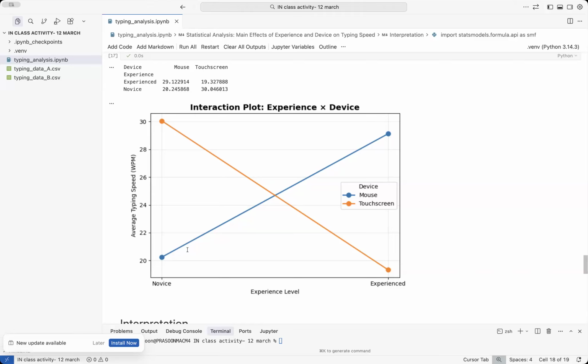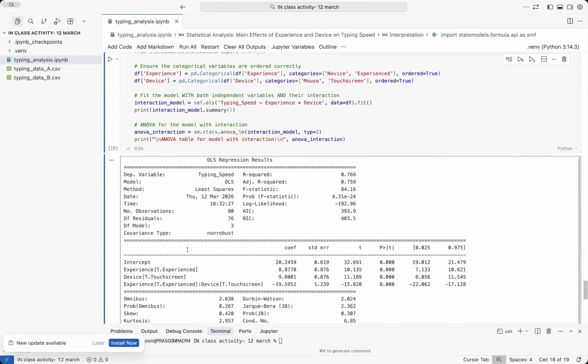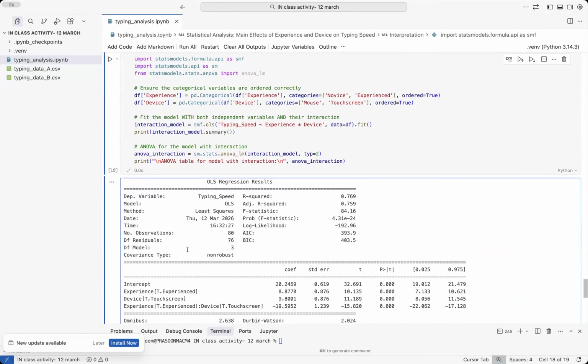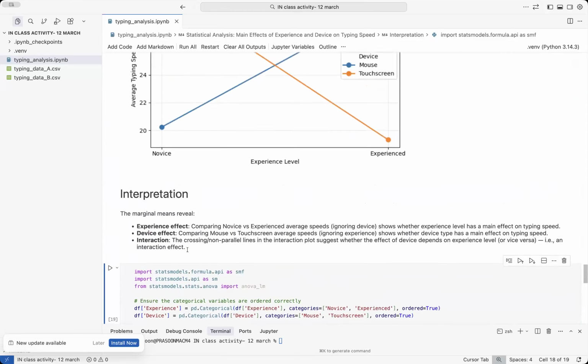Okay, go back down. All right. Now, we could do the same math for the other thing. If experience is novice, the baseline, this is 0 and this is 0. So for novices, switching the device from a mouse to a touch screen speeds you up by about 10 characters per minute.